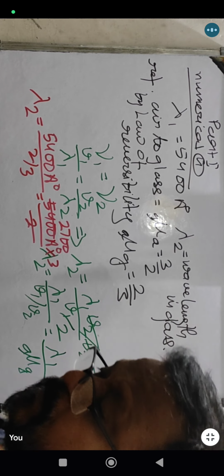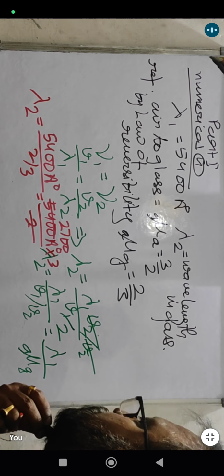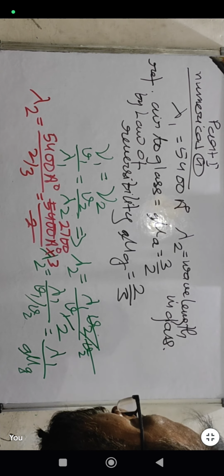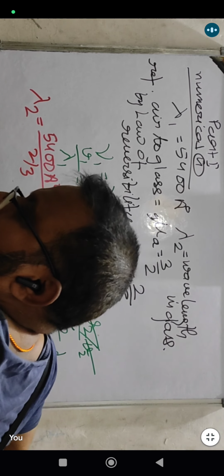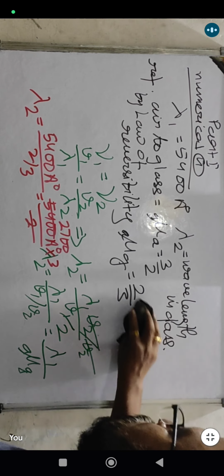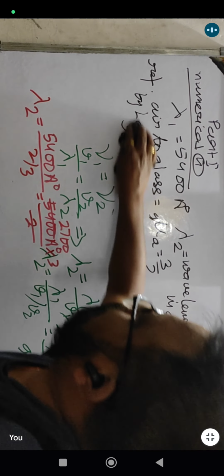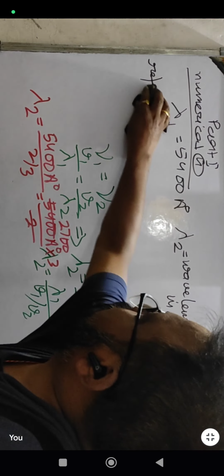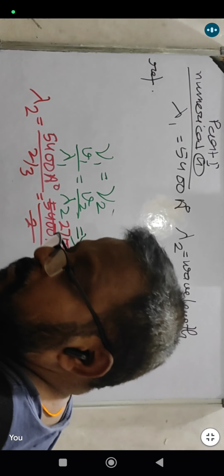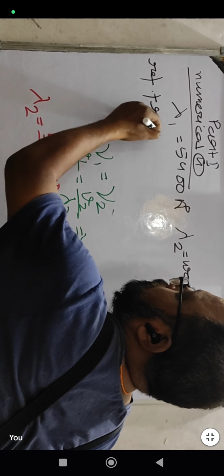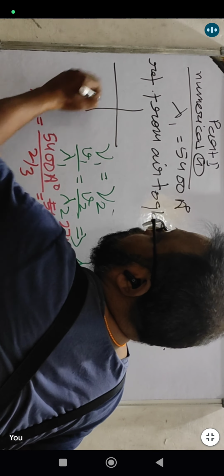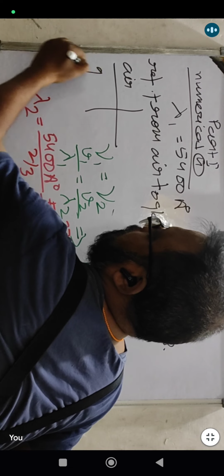Refraction is from air to glass. Sorry, I have chosen this wrong. It is suffering refraction from air to glass. This is the refracting surface, this is air, and this is glass.